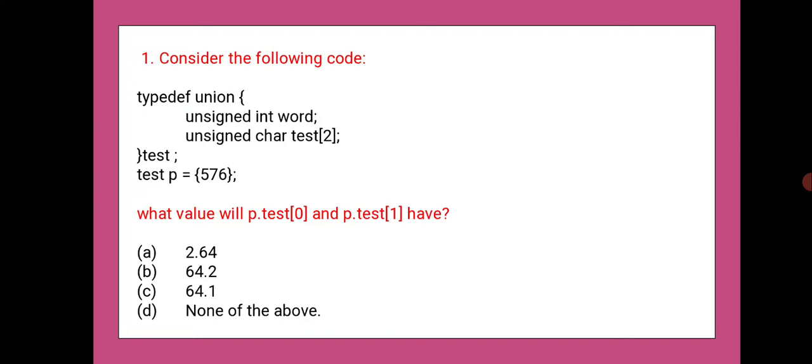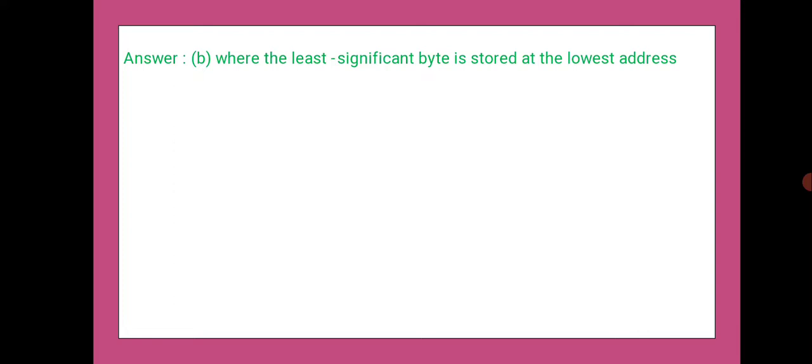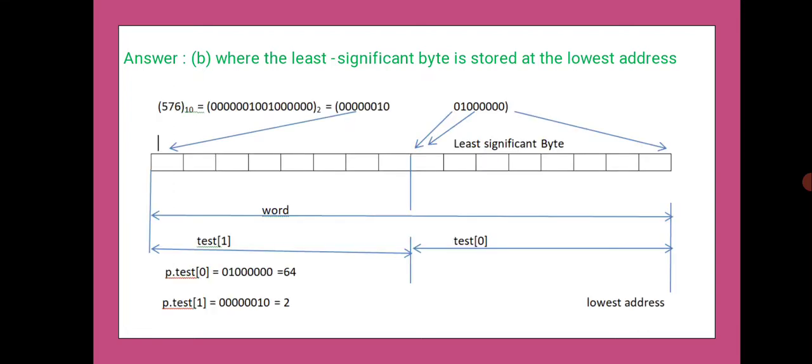The answer is B, 64, 2. This is because the least significant byte is stored at the lowest address. 576 can be written in binary like this, and when you segregate it into 8 bits, the most significant byte is the left one and the least significant byte is the right one.